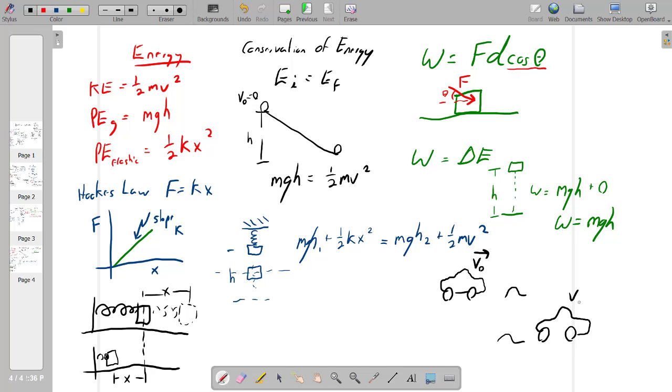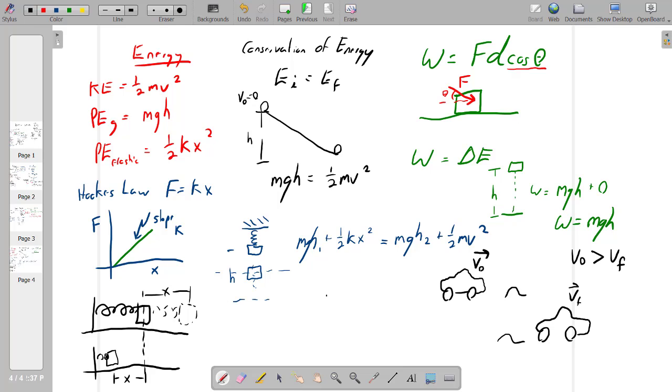Decreases. Yeah, your velocity final decreases. So velocity initial is greater than your velocity final. Well, what happened to that energy? The energy there was work, like the speed bump did work on the car.